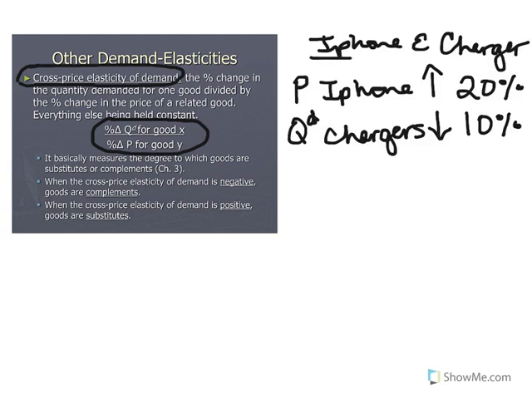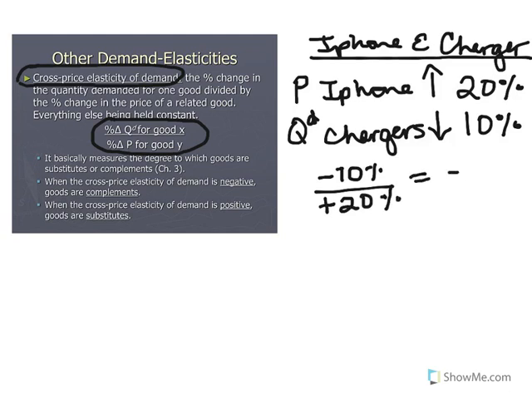So again, we can use this information and plug it into our formula to see the relationship between these two goods. We would take the percent change in quantity demanded, which was a negative 10%, and divide it by the percent change in the price, which was a positive 20%, and we would come up with a negative 0.5. Because we came up with a negative value, we know that iPhones and chargers have a relationship, and that relationship is that they are complementary goods.